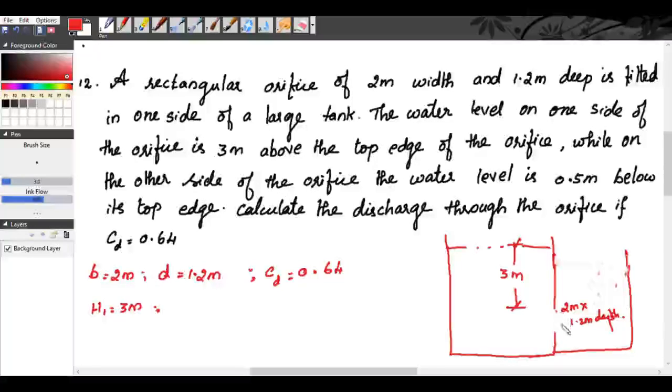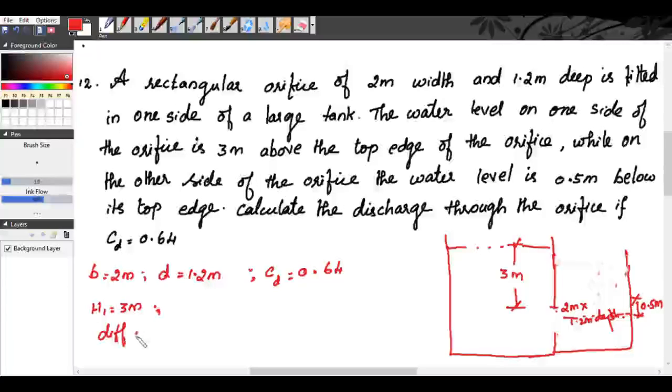It is 1.2 meter deep. So the water level is somewhere here. So this distance is 0.5 meter. From the top edge, the water level is 0.5 meter. That means, what is the difference in water level on both sides of the orifice?